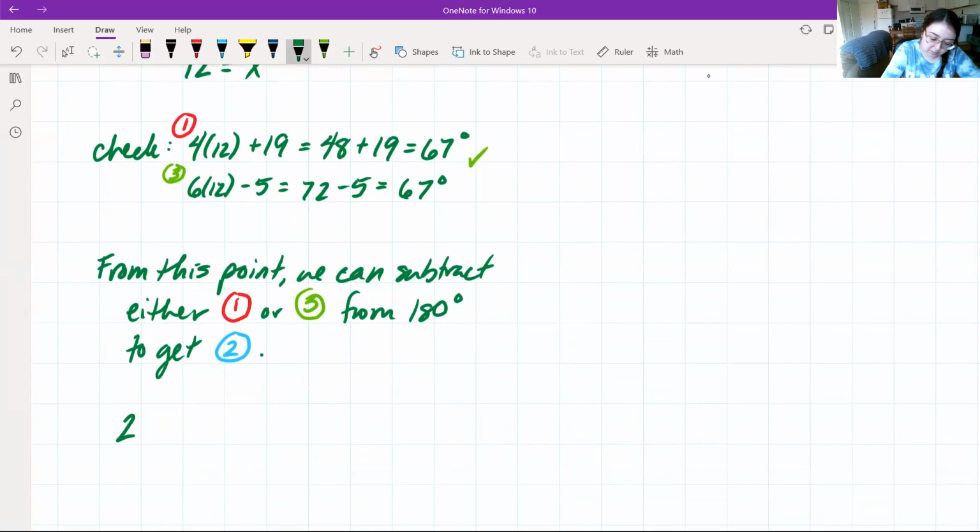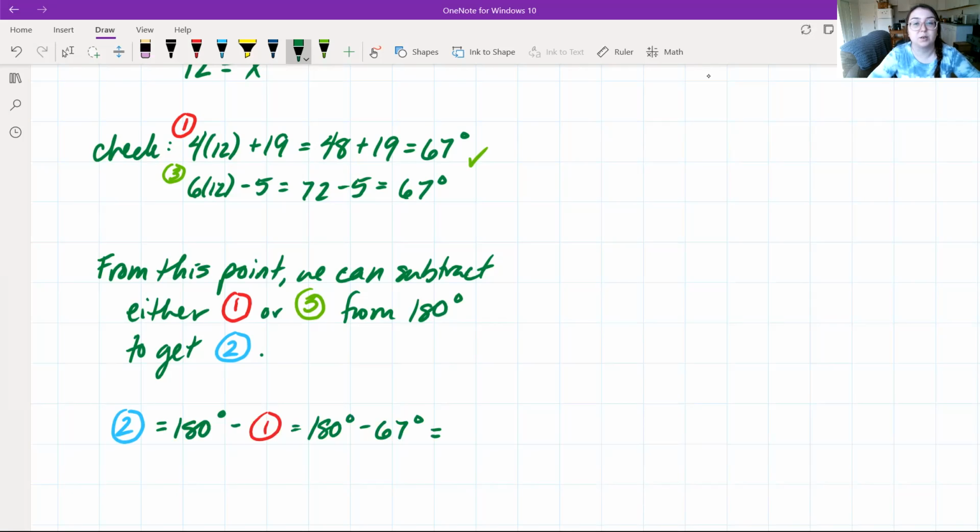So we're going to say that angle 2 is equal to 180 degrees minus, let's just go with angle 1, which is equal to 180 degrees minus 67 degrees, which is going to go ahead and give us 113 degrees. So we've gone ahead and we've found the angle measurement for each one of our angles.